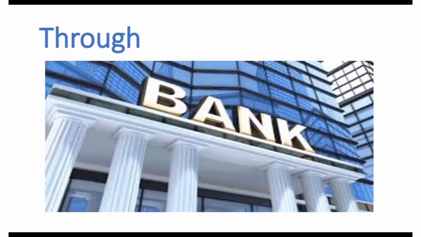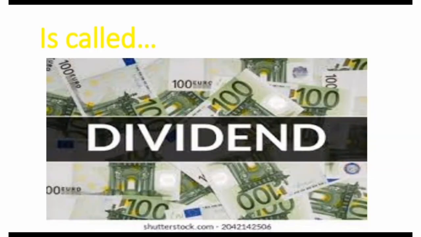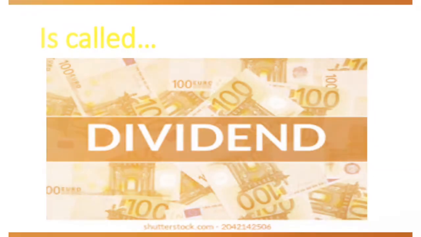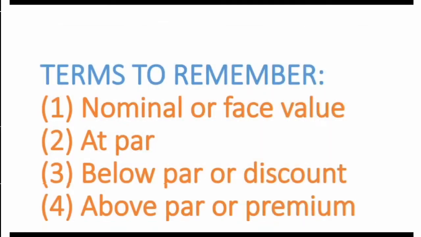And when we buy shares, we buy them through banks. And the profit we make from buying shares is called dividend. This dividend is shared between the shareholders according to their contribution or parts.